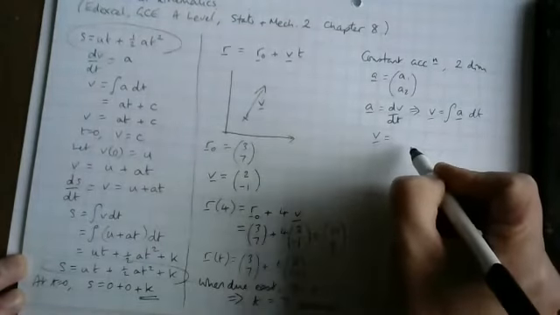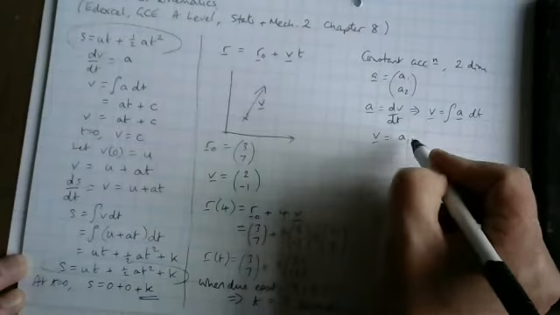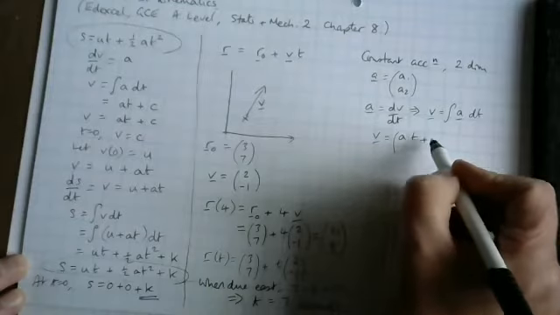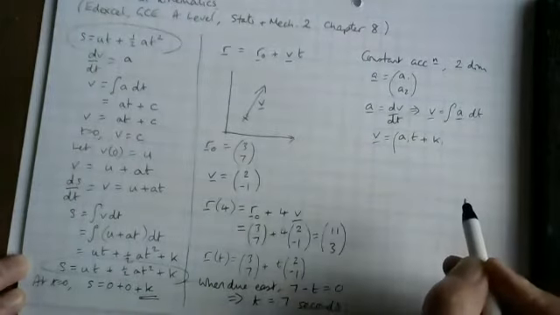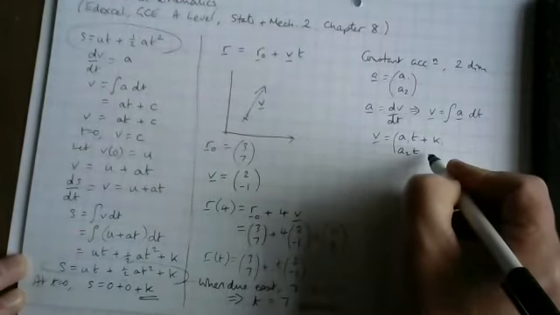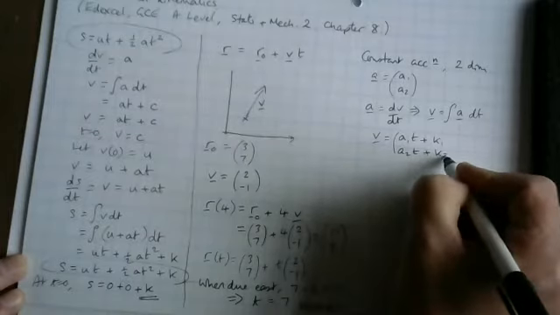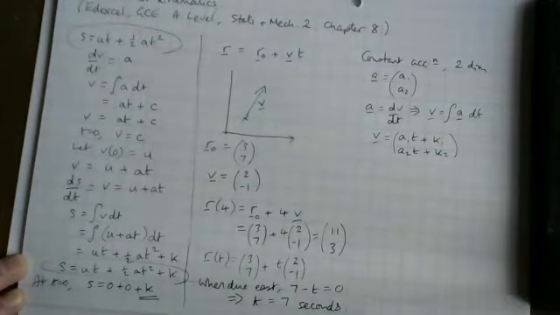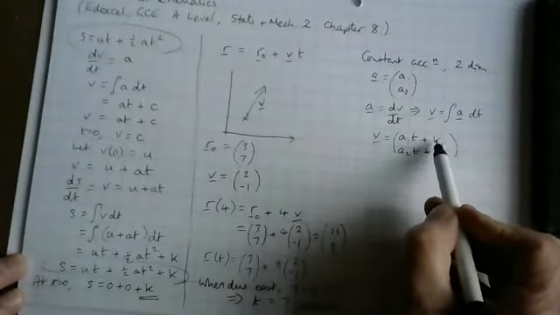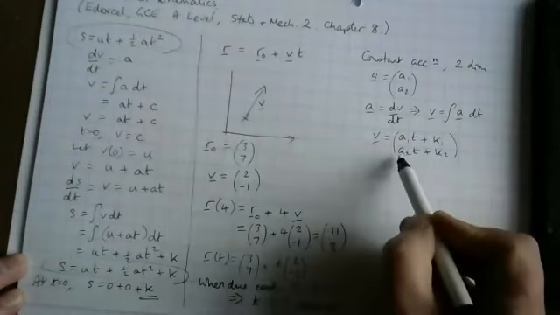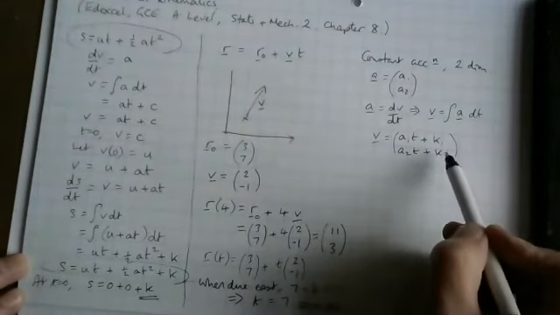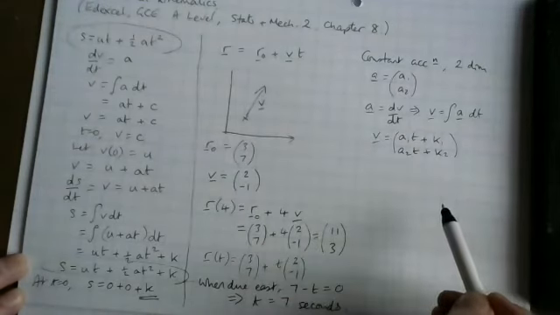V equals A1 times t plus, I'll say k1, integrate the second component, A2 t plus k2. So the velocity vector is A1t plus k1 in the x direction and A2t plus k2 in the y direction. K1, K2, they're just the initial velocity.